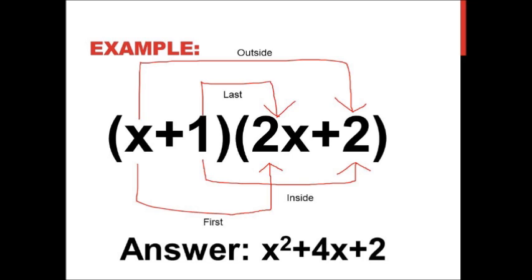Let's have an example. We have this polynomial problem: the quantity x plus 1 times the quantity 2x plus 2. First thing we're going to do is multiply the first terms. That will be 2x squared.